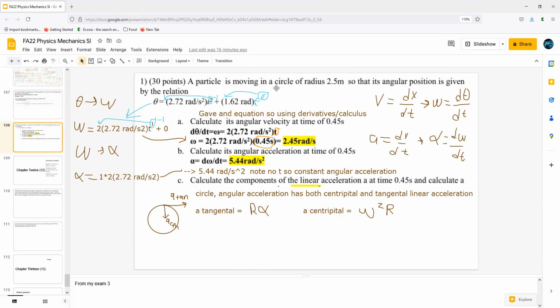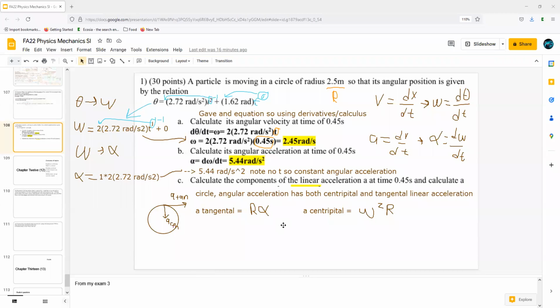So then, I think radius was given earlier. So this is r. And then you found omega, or sorry, alpha and omega. So then you use both those.